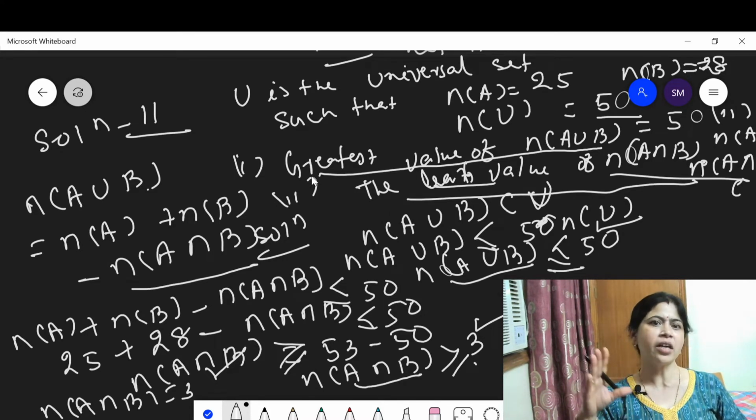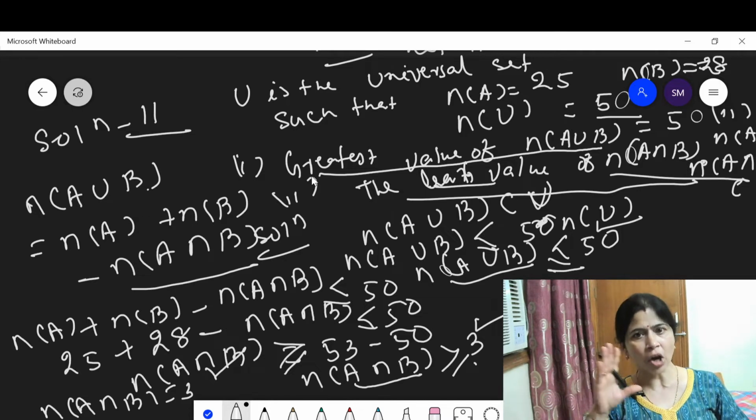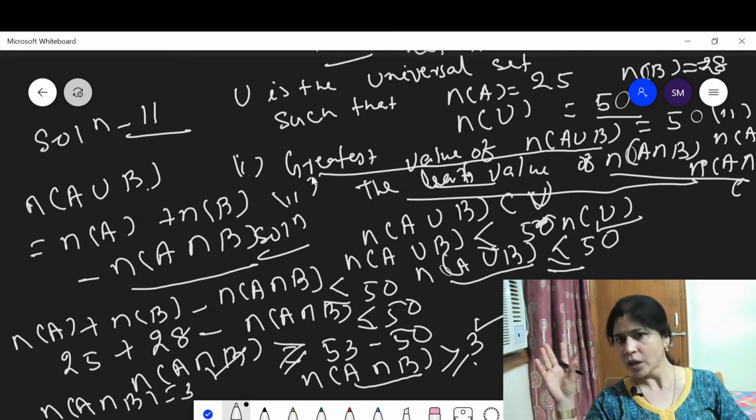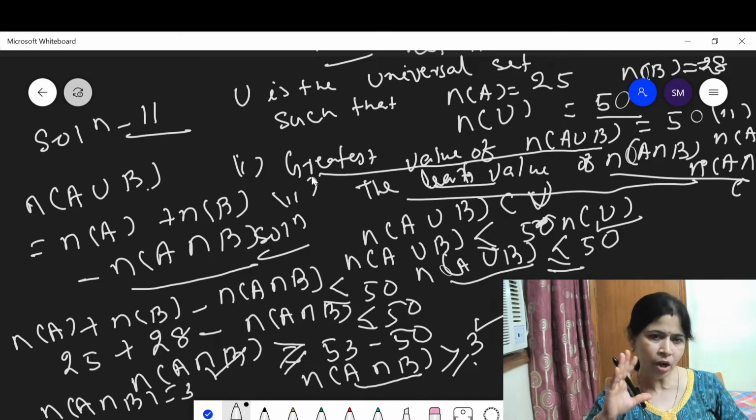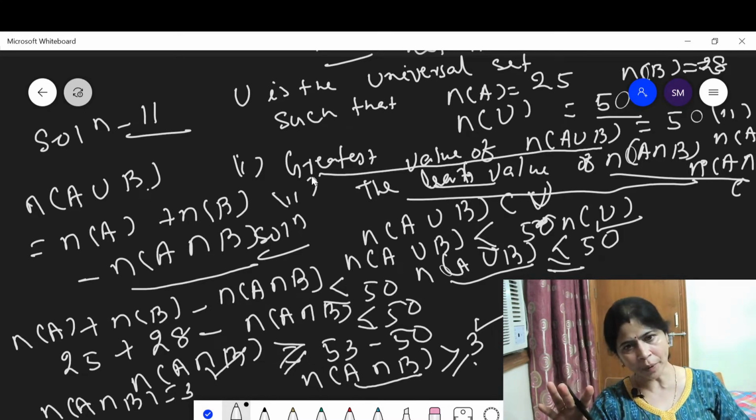As we know, A union B is always a subset of the universal set. This means the number of elements present in A union B must be less than or equal to 50, the number of elements present in the universal set.